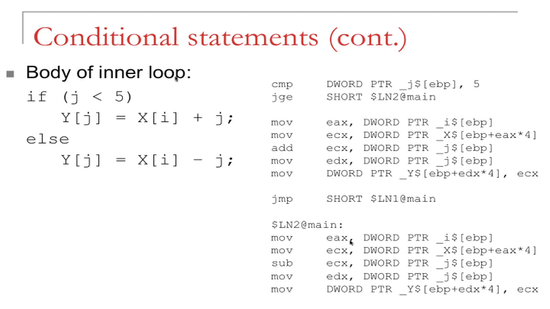In this else part, we first find out the value of the ith element of array X, and then we subtract J from it, and we assign that value to the J's element of Y. That's what we do for the else part.